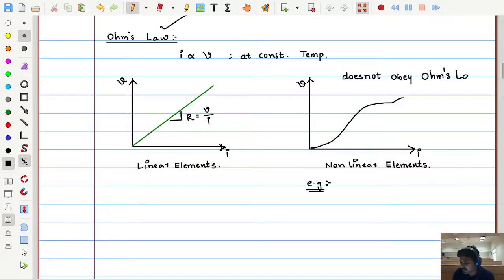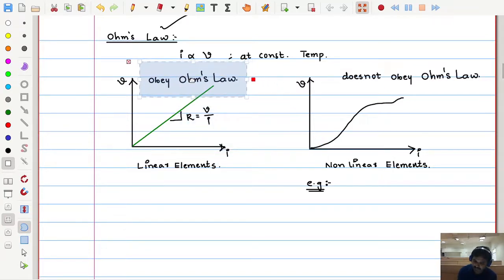Which obeys Ohm's law is linear, which does not obey Ohm's law is non-linear. Now what might be the reason for not obeying Ohm's law? One might be the temperature. If the temperature is not constant, if it is varying, then it does not obey Ohm's law.